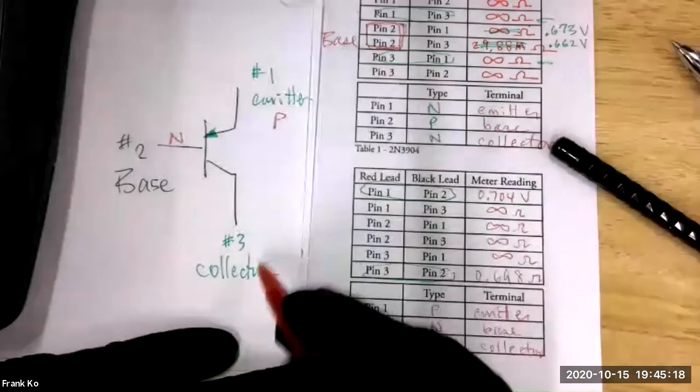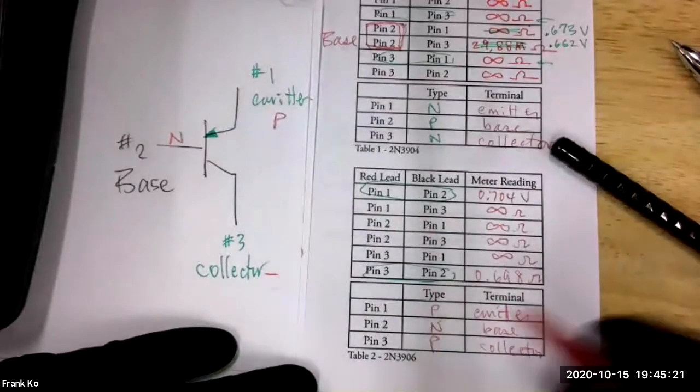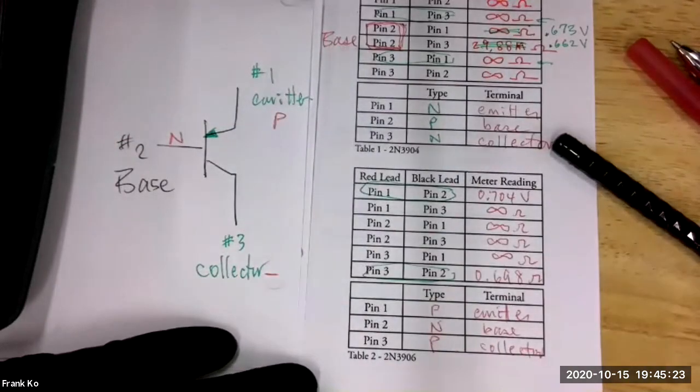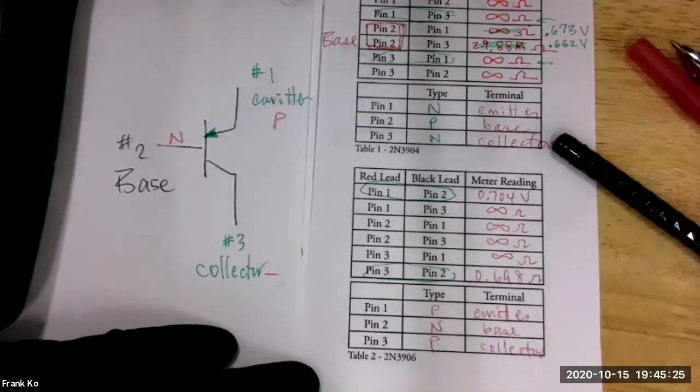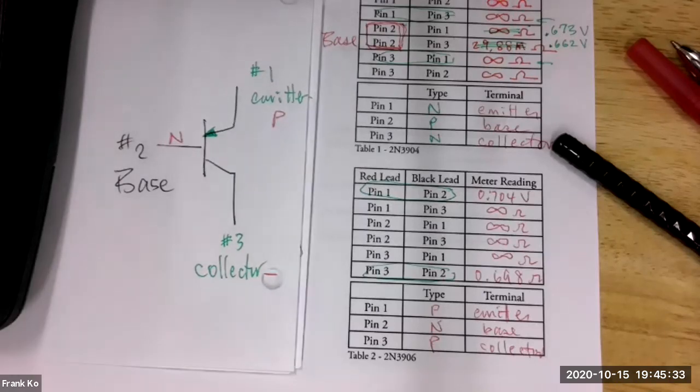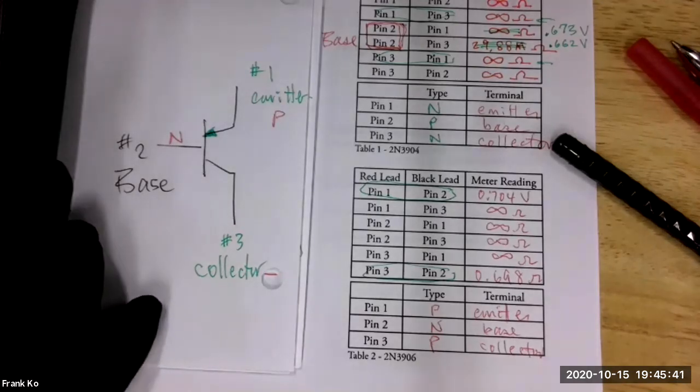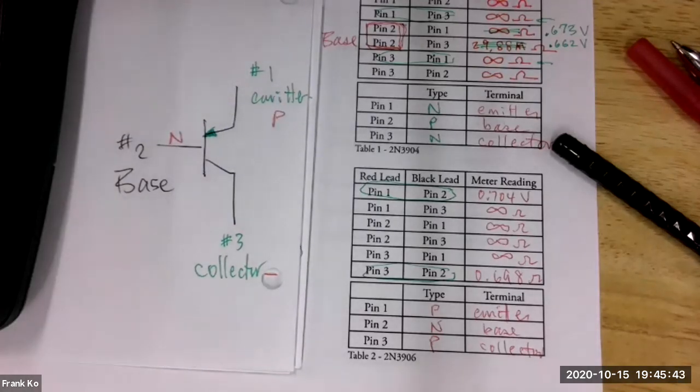Must be the same as the other outside pin, must be P. So you have deciphered through measurements which transistor is N-type and which transistor is P-type. Do we have confidence to be able to do this with a mystery transistor? Okay, because all you have to do is identify a pin 1, 2, and a 3. Good. Let's go ahead and put this on pause.